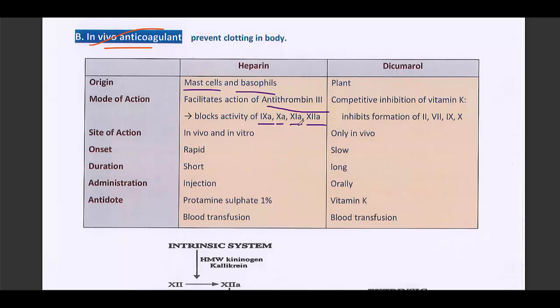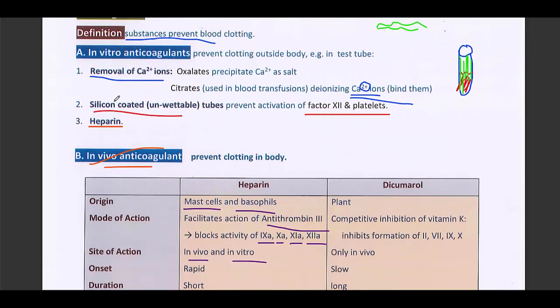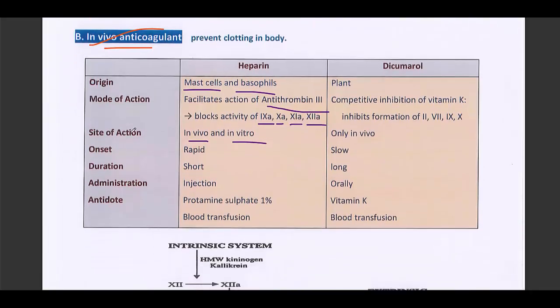A means active. This works in vitro and also in vivo, inside the body and outside the body. Simply, the action of heparin is facilitating antithrombin 3, which blocks the activity of factors 9, 10, 11, 12.